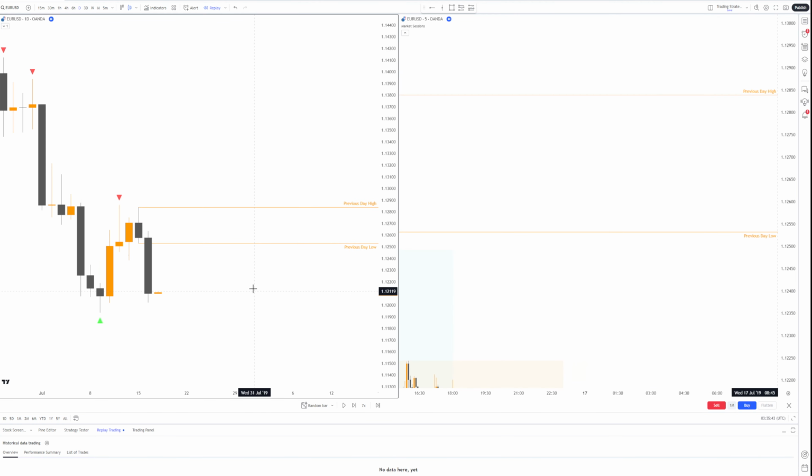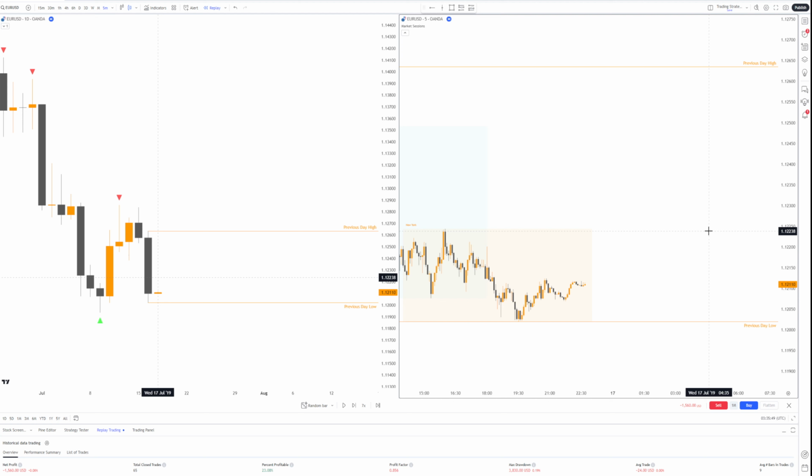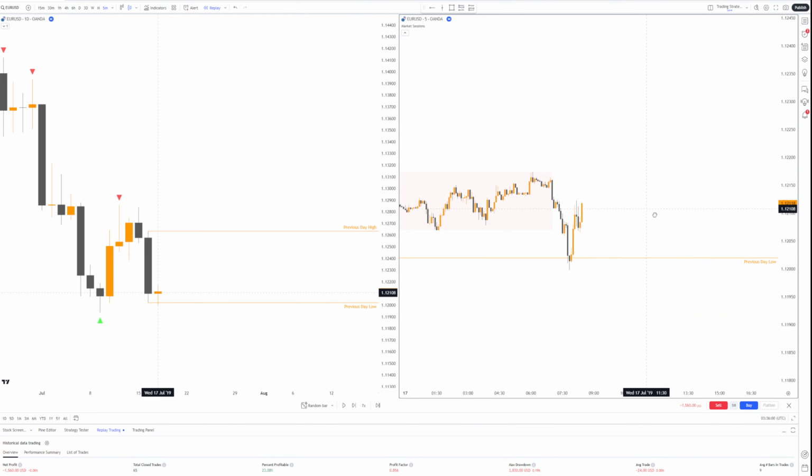Let's see if the following day has arrived. Okay. Let's move on and wait for the lower high to be taken. I just literally missed it.